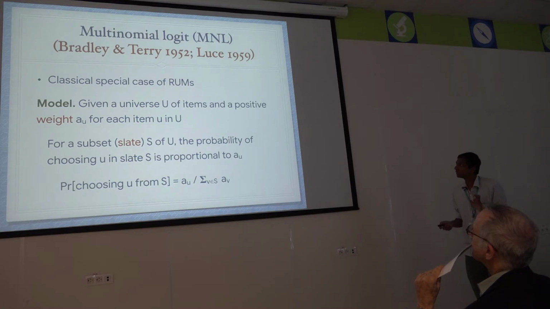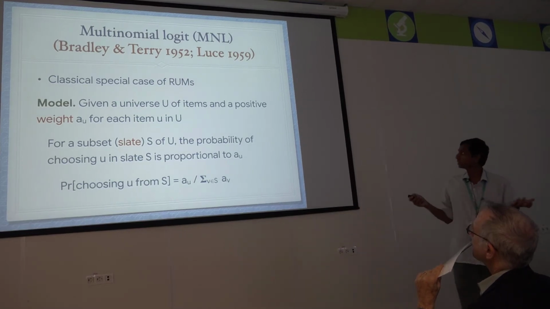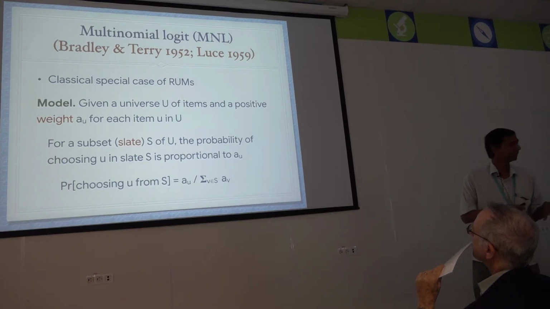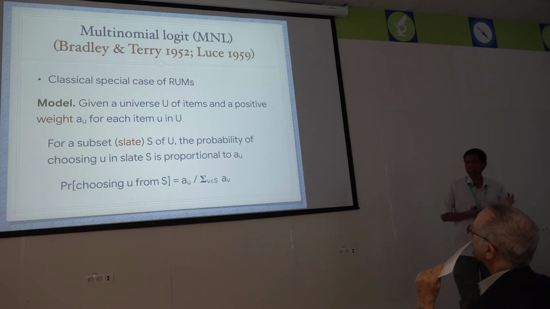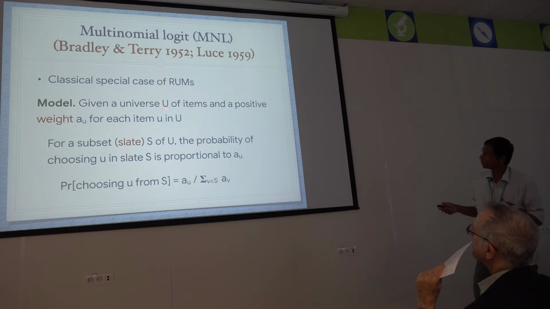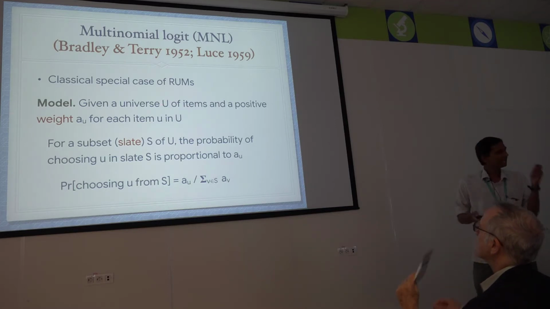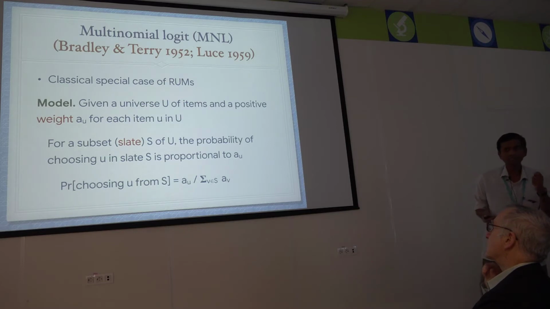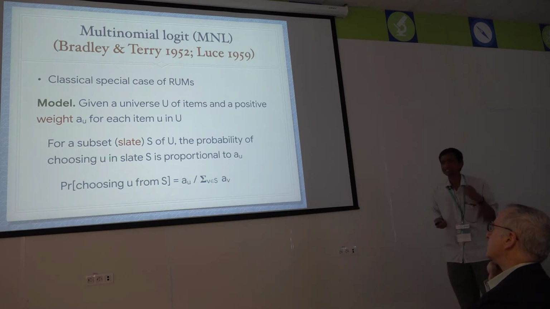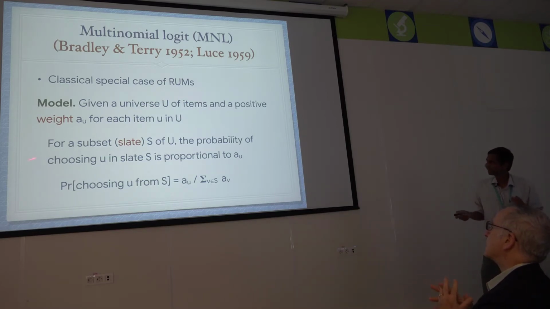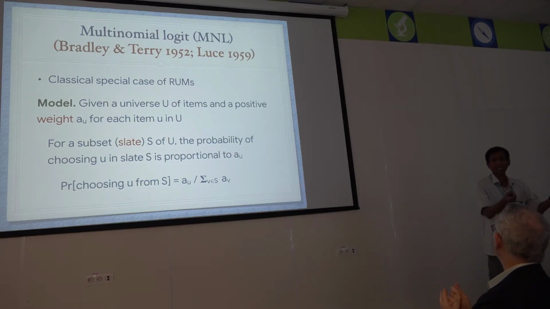The multinomial logit was introduced in a very famous paper of Bradley and Terry from the 50s. It's actually a very special case of RUMs, and here is the model. You're given a universe of items, and every item in the universe has a positive weight, say a sub u. For a slate, the probability of choosing u in the slate is proportional to its weight.